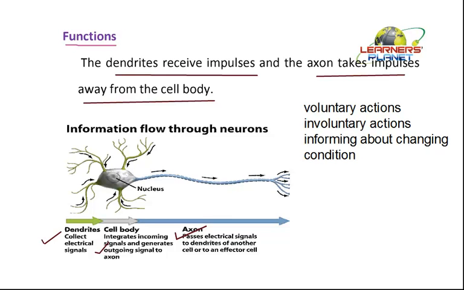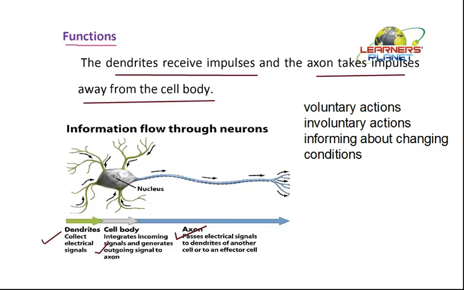As we have taken the example of some hot item, that stimulus was taken up by the skin. So that change which came in our surroundings with respect to temperature was informed to our body with the help of nervous tissue.